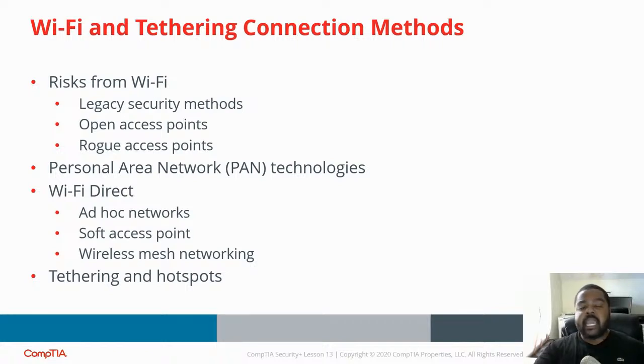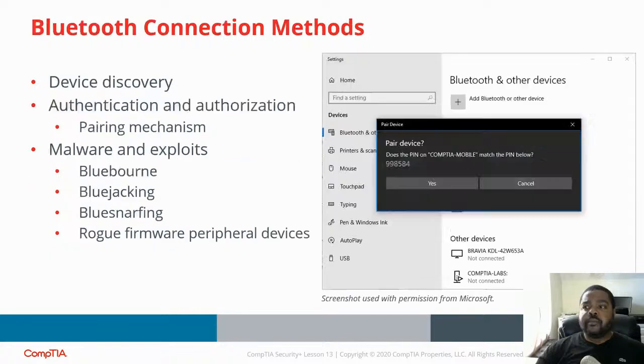They just want to connect because they have a certain job that they need to do in a certain amount of time, and maybe connecting to the local Starbucks is the closest and fastest thing they can do. So we want to make sure that we take all those things into consideration when we have users that are on the go. Another way we could connect is through Bluetooth. And while Bluetooth will not give you a Wi-Fi type of network, it can send information from one device to the next, right?